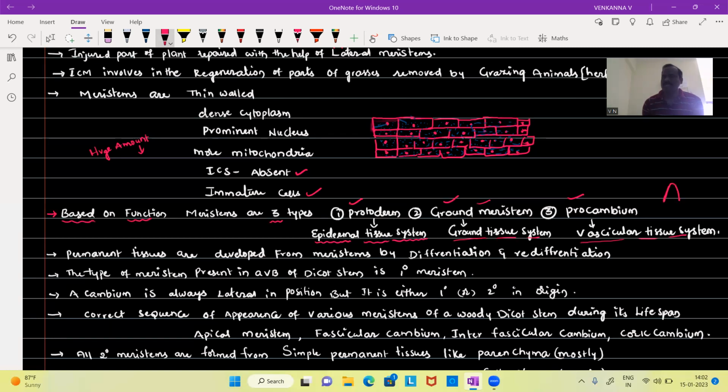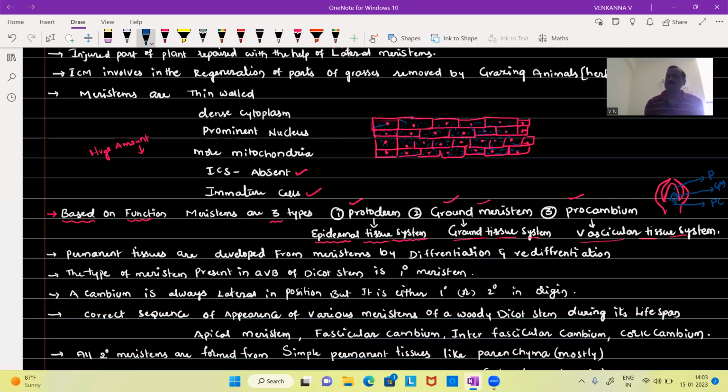If you see any shoot apex and root apex, in both we see these three regions. The three regions may appear like this, one inside the other. That means this is the protoderm, and this one is the ground meristem, and the central one is the procambium.